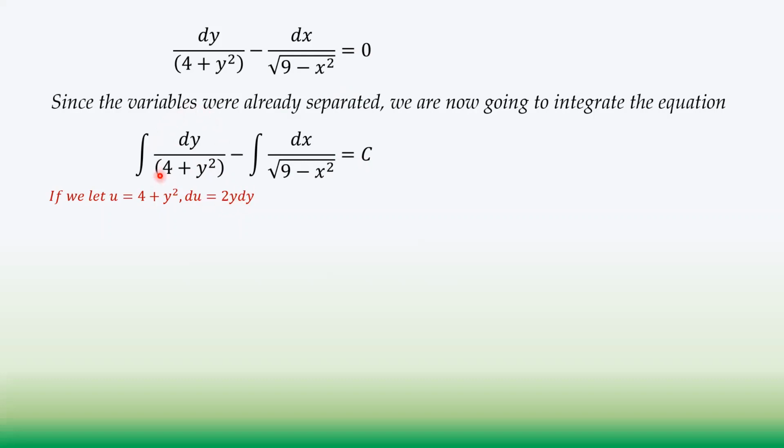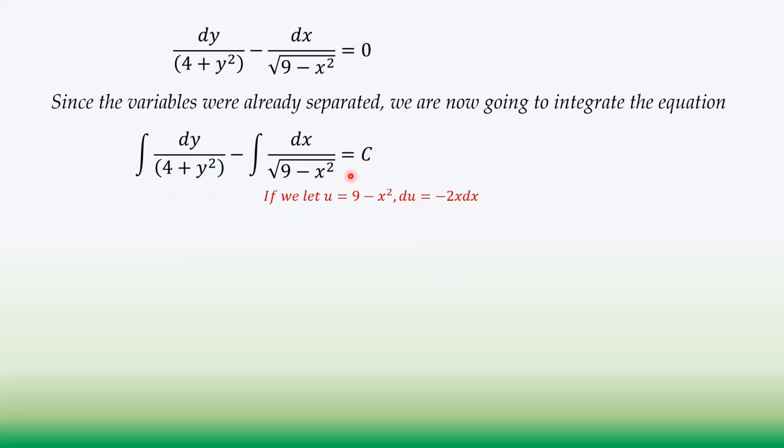So, hindi siya equal dito. Kulang ka ng y. So, hindi tayo pwede mag-let u dyan. Para sa pangalawa, if we let u equals 9 minus x squared, differentiating du equals negative 2x dx. So, kulang ng x sa taas. So, hindi pwedeng gawing u ang denominator. So, ano gagawin natin?